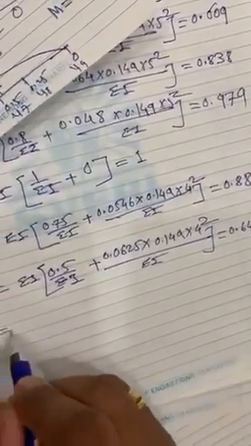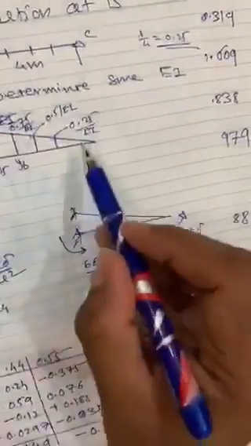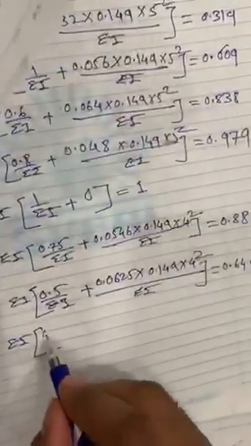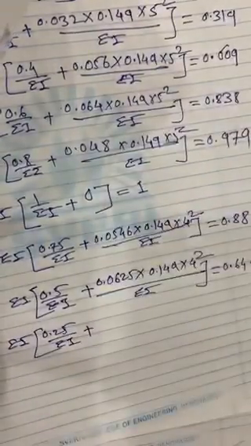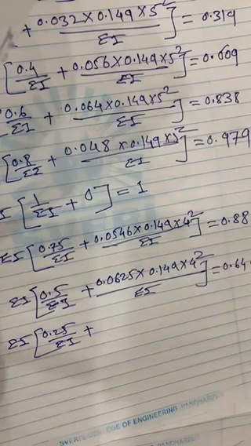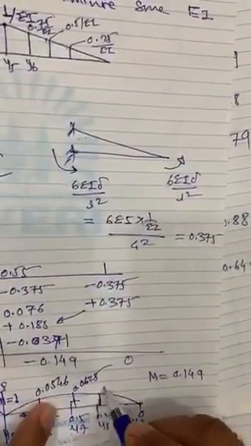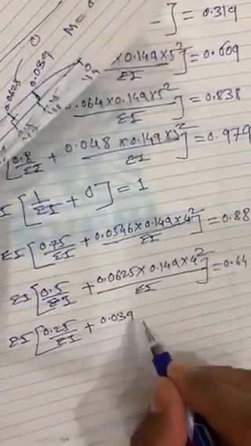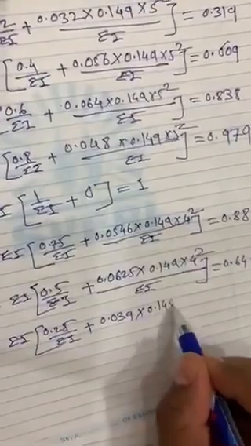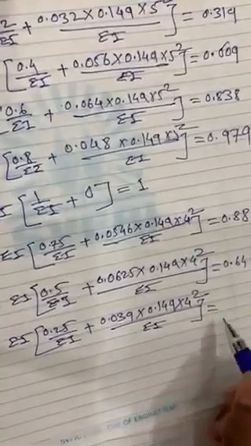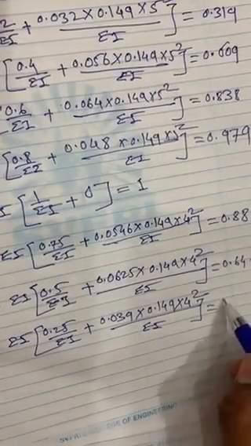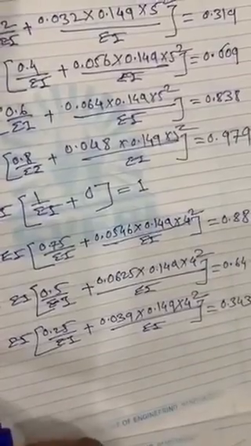Then Y8 is EI into the determinate displacement, in this case 0.25 by EI, plus k for n equal to 0.25, which is 0.25 minus 0.25 cube by 6, that is 0.039. So it will be 0.039 into m, 0.149, into span square divided by EI, and this comes out to be 0.343.